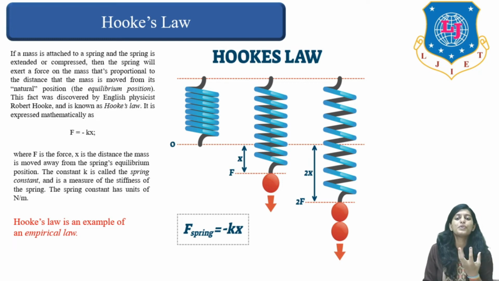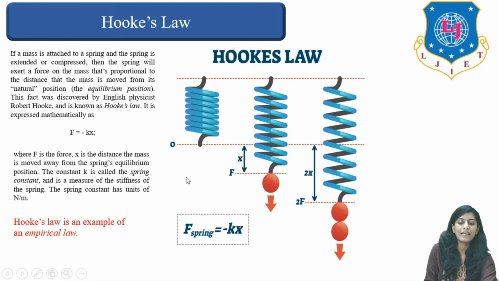Whenever we attach some mass to this particular spring, suppose this is the original spring and it is at the equilibrium position, that means it is the rest position. Now if we add some force at the bottom of the spring, we are going to add some mass or some object.